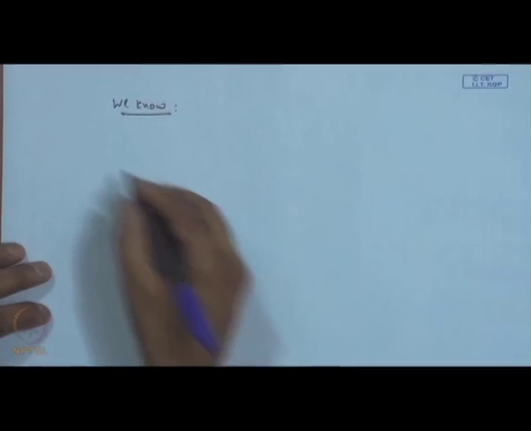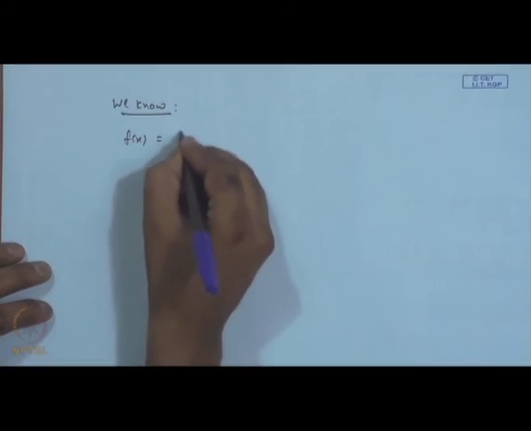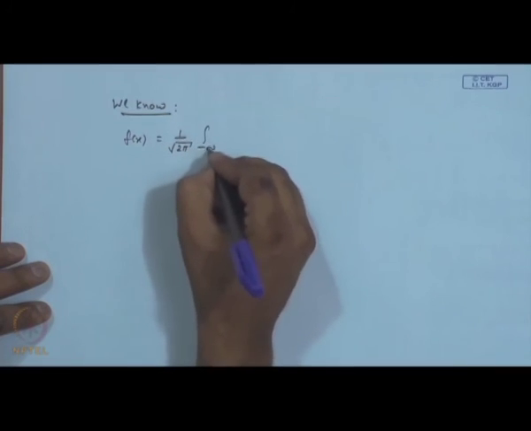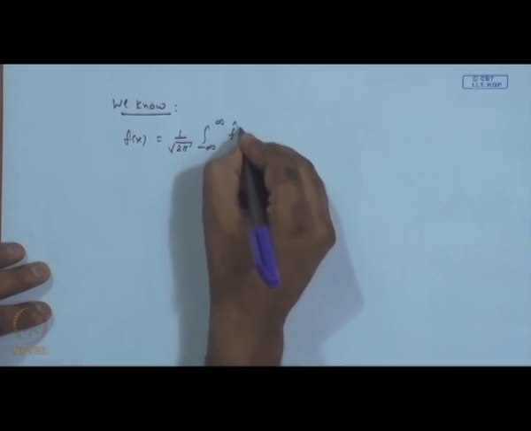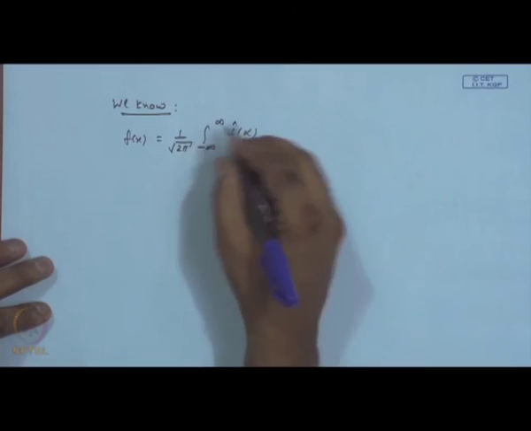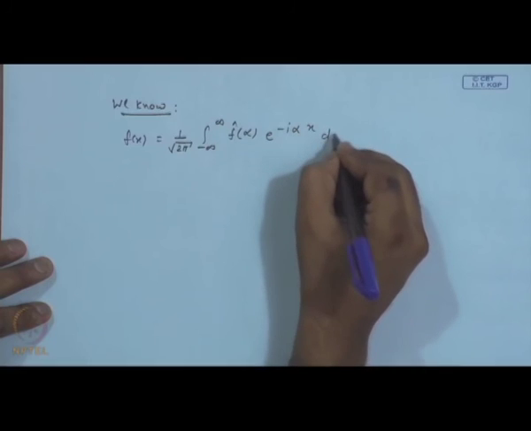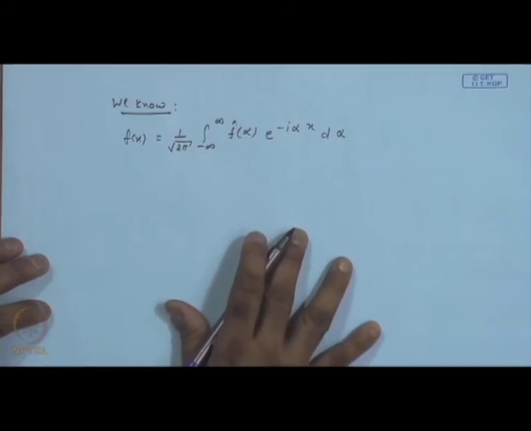From the inverse Fourier transform, f(x) is 1 over square root 2 pi, integral from minus infinity to plus infinity of f hat alpha e power minus I alpha x d alpha.